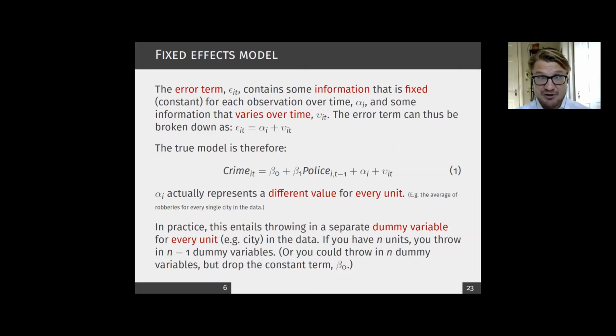One dummy variable is equal to 1 if it's Fresno, another is equal to 1 if it's Palo Alto, I might not even be making up correct cities, and another is equal to 1 if it's San Francisco. Now, the same way we were thinking about categorical variables, if there are n different cities, you can only throw in n minus 1 different dummies. You always leave out one city because that city's average is captured by this constant term, beta 0.